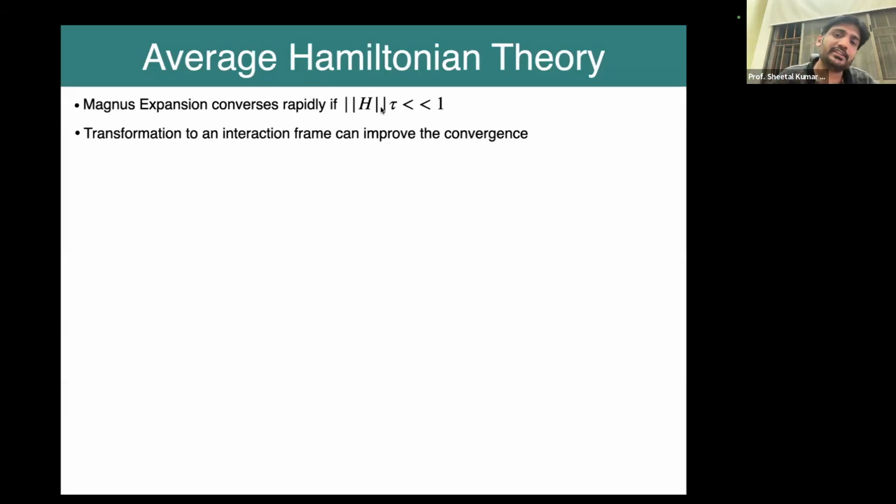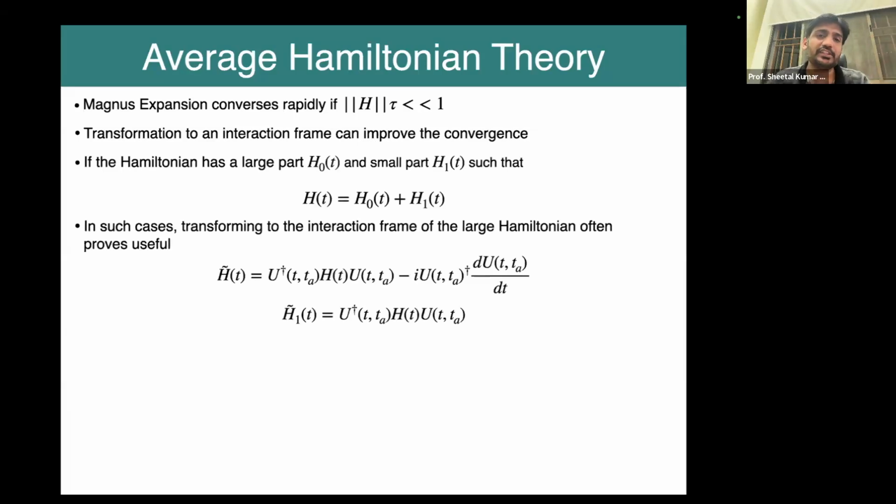For analytical calculations, one can go into a proper interaction frame, which can improve the convergence. Typically the approach is that if the Hamiltonian can be broken into two parts, where one part is large and the other part is smaller, then it helps to go into the interaction frame of the large Hamiltonian such that the transformed Hamiltonian looks like this.